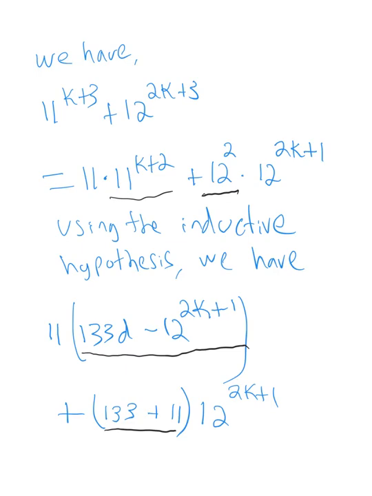So we will combine terms like we did before. Notice that we're going to have some things cancel: 11 times negative 12 to the 2k plus 1, and 11 times 12 to the 2k plus 1. They are going to cancel. That's what you should notice.